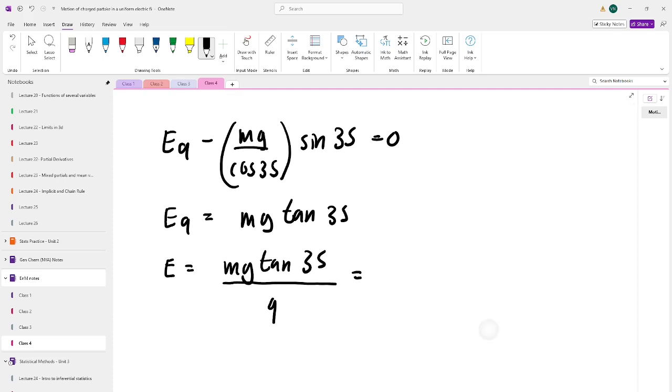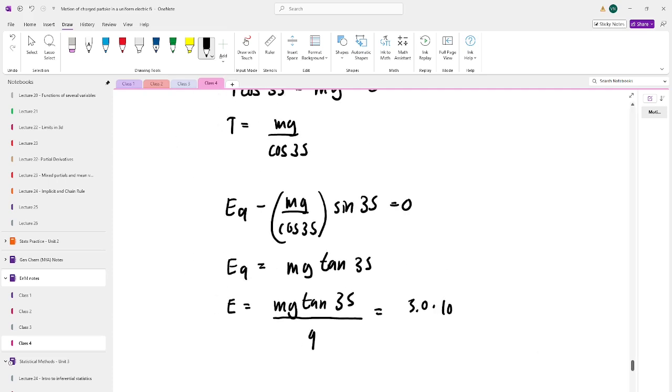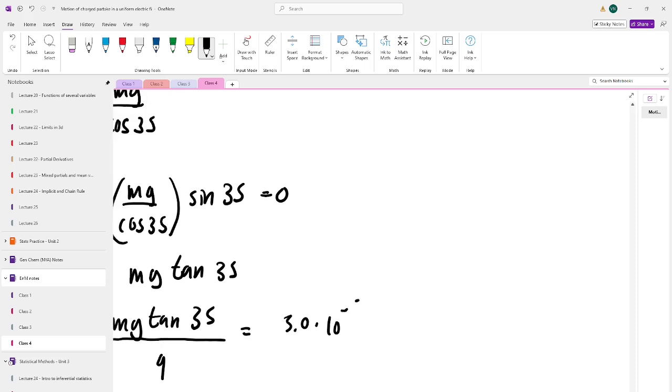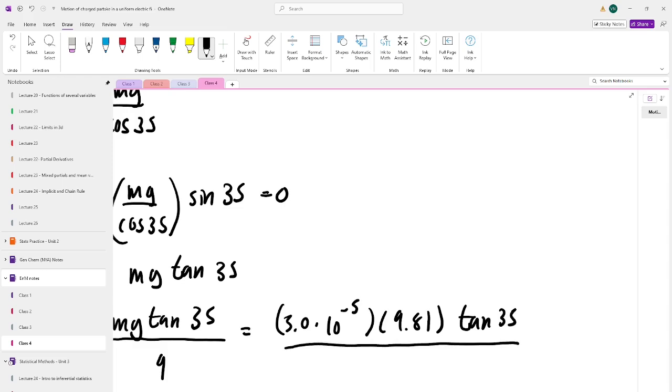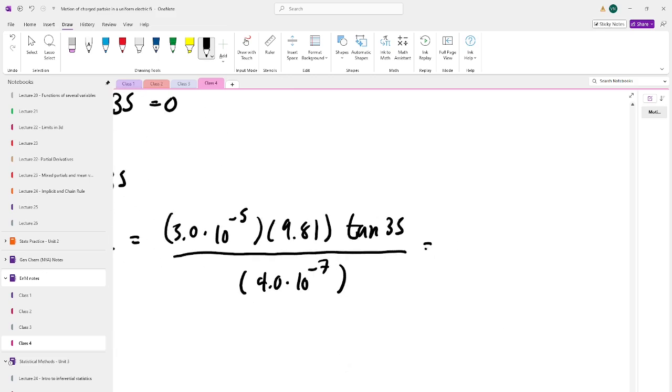So now we solved our question. So let's plug in our values. They tell us that the mass of the ball is 3.0 times 10 to the minus 5 kilograms. But we know that, 9.81, then tan of 35. And then they tell us that the charge of the ball is 4.0 times 10 to the minus 7. So we can solve now.